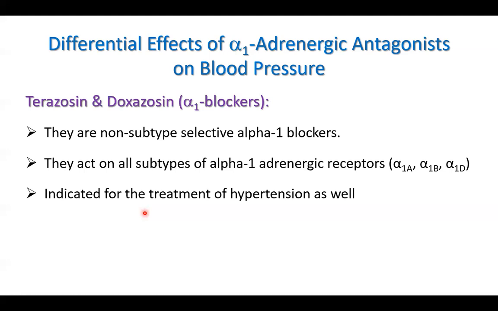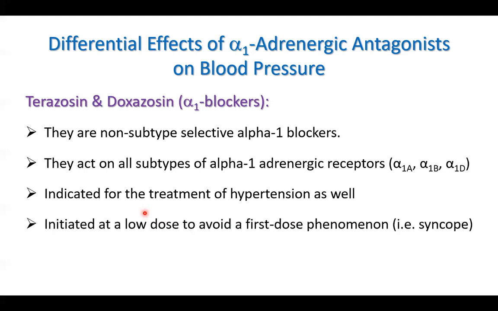Because they can cause hypotension, even if you're starting somebody who does or doesn't have hypertension, you start at a low dose, as with most vasodilators, and then gradually titrate it up.